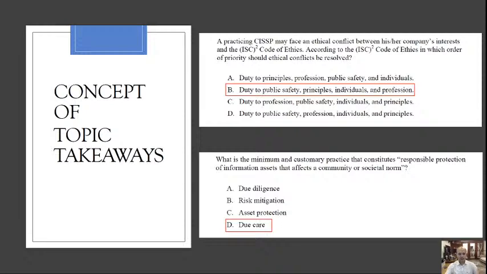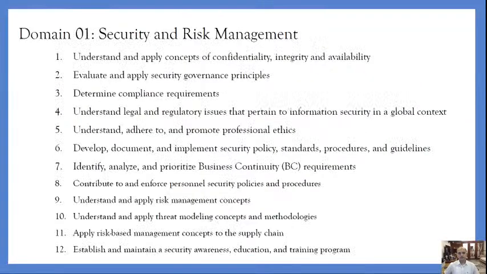So that's how I have taken this concept of topic takeaways. If you list down every topic's takeaways, then in the coming slides you will understand what the topic takeaways are in different topics, and then we will discuss those further, right? Okay. So this domain one of CISSP, security and risk management, can be further divided into 12 topics, which are given by the CBK of ISC2, right?